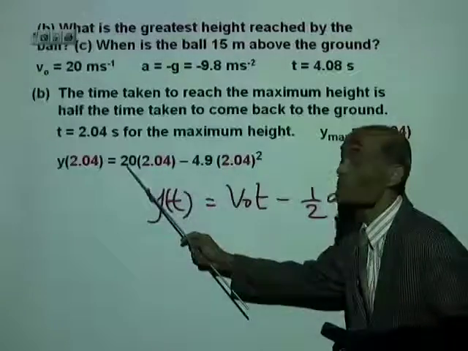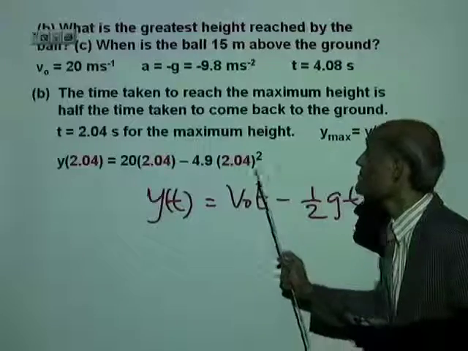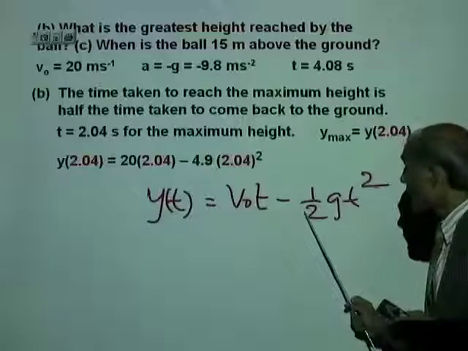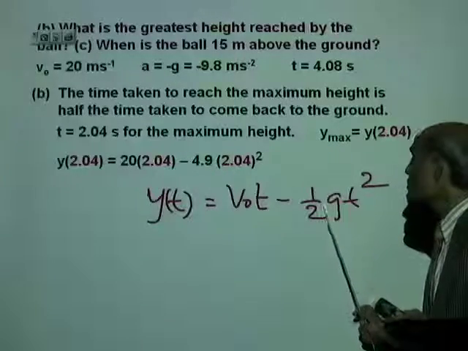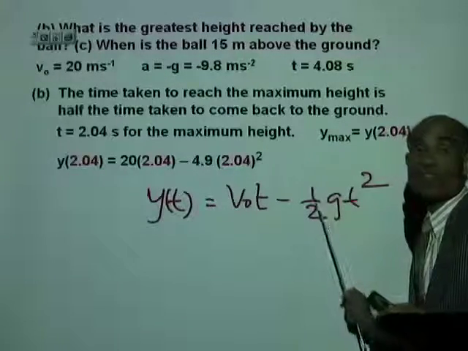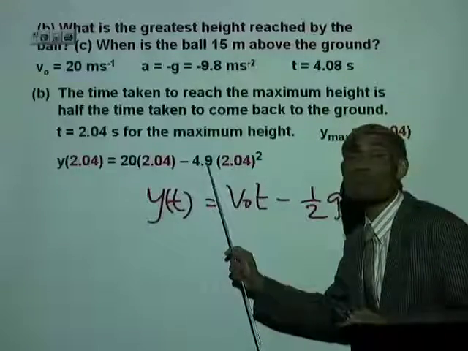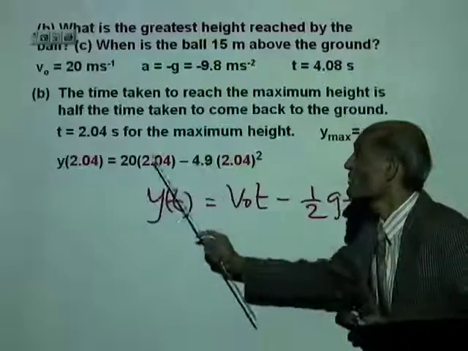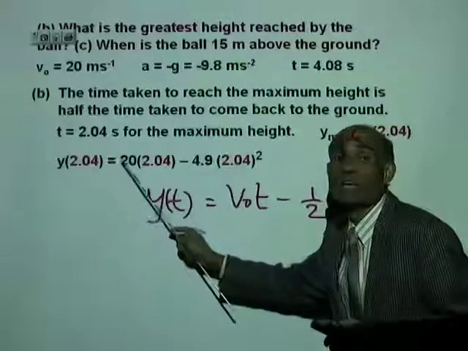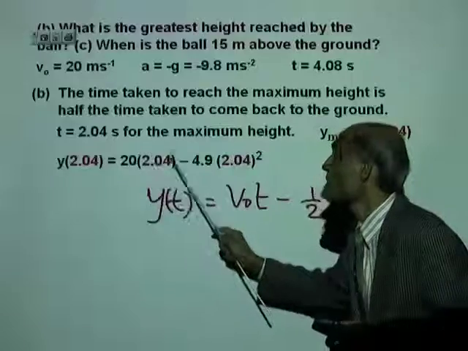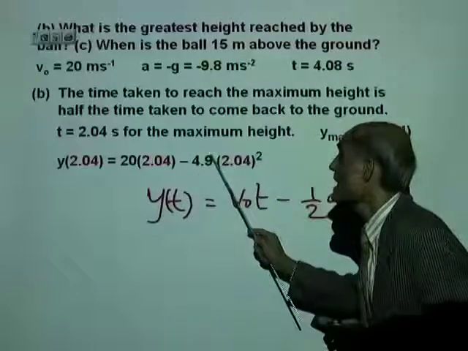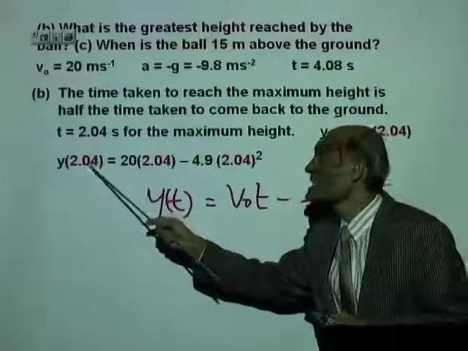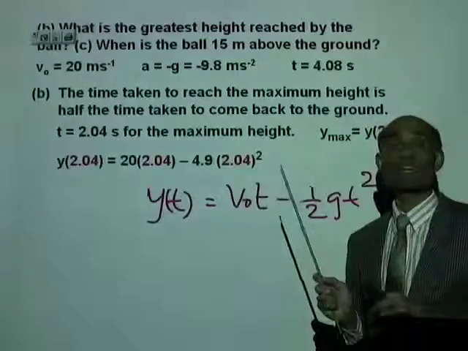v0 is 20 meters per second. The time taken to reach that maximum height is 2.04 seconds, minus 1/2 of g. g is 9.8. 1/2 of 9.8 is 4.9 t squared. You can see that is what this step is. y of t equal to v0t minus 1/2 g times t squared, and we replaced our t by 2.04 seconds.